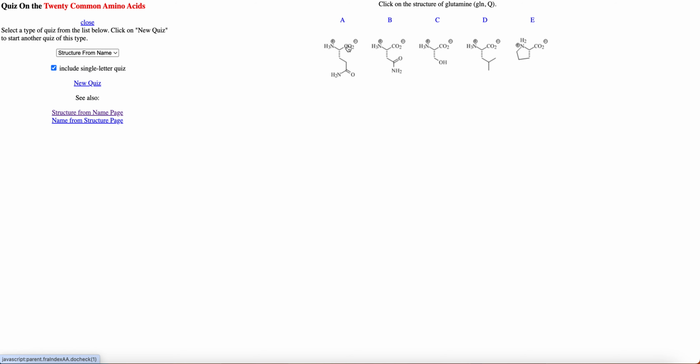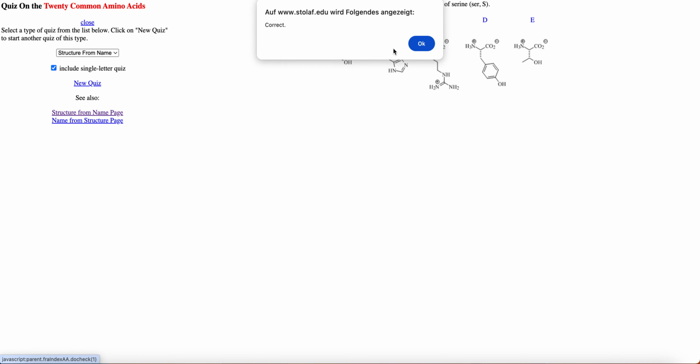I'm looking for an amide group and longer. So this is glutamine. Alanine, this one. Valine is this one. Isoleucine, this one. Serine, this one.